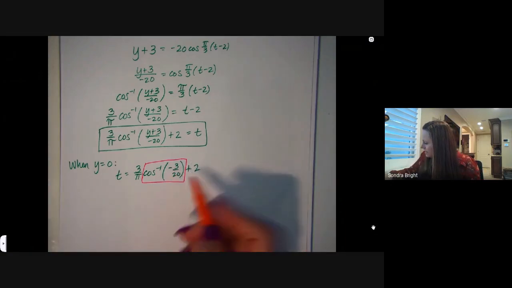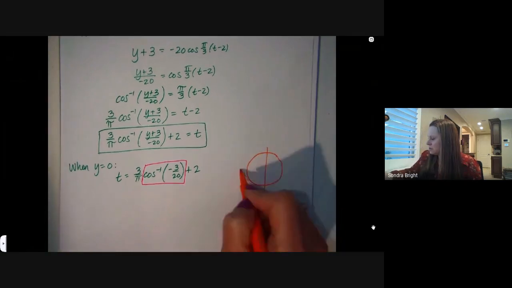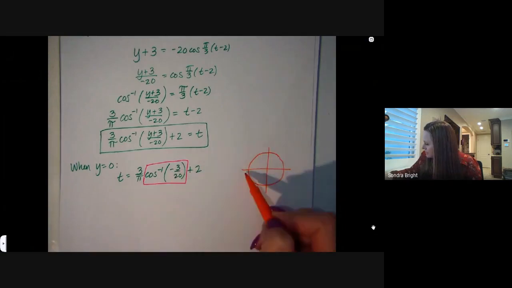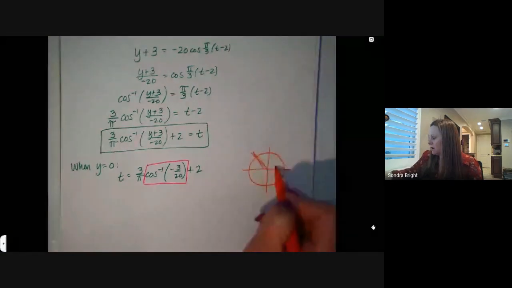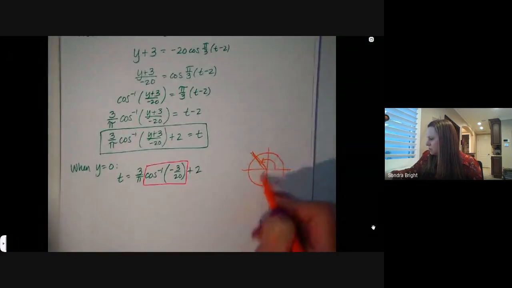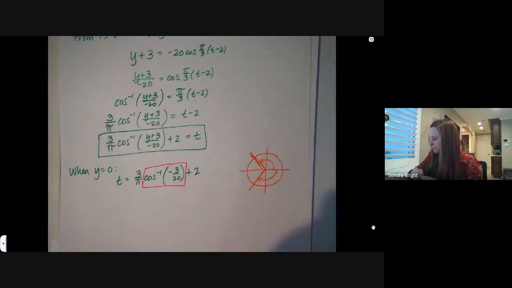Inverse cosine is a rainbow, so it gives you an answer between 0 and pi. But we also know that cosine is negative in quadrant 3, which will be the negative of whatever answer our calculator gives us.